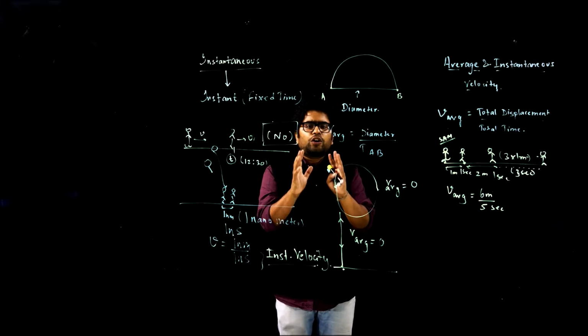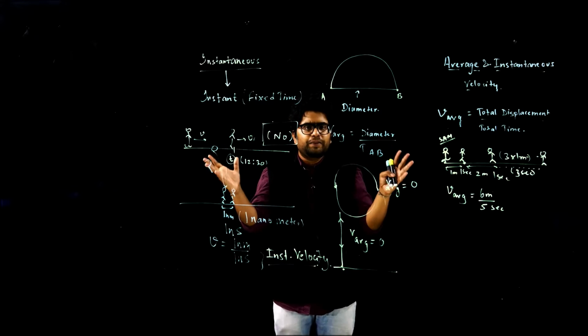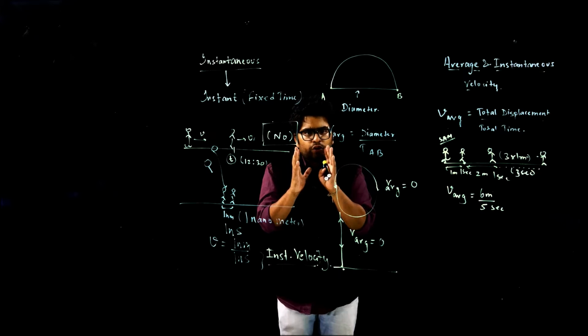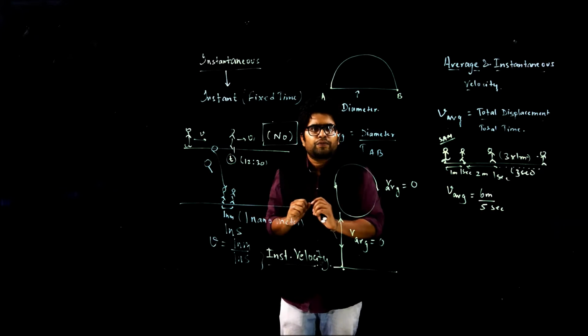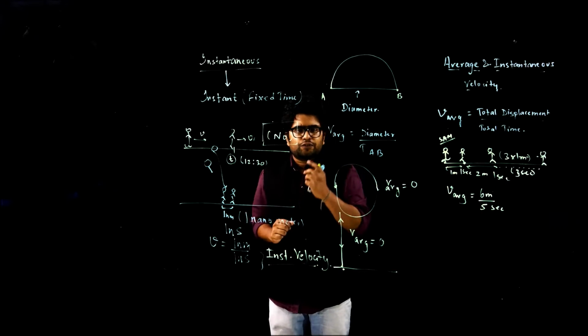Average velocity is the velocity when you take the total displacement by total time, which is the same as the definition of velocity which you studied earlier. But there is a catch in instantaneous velocity.